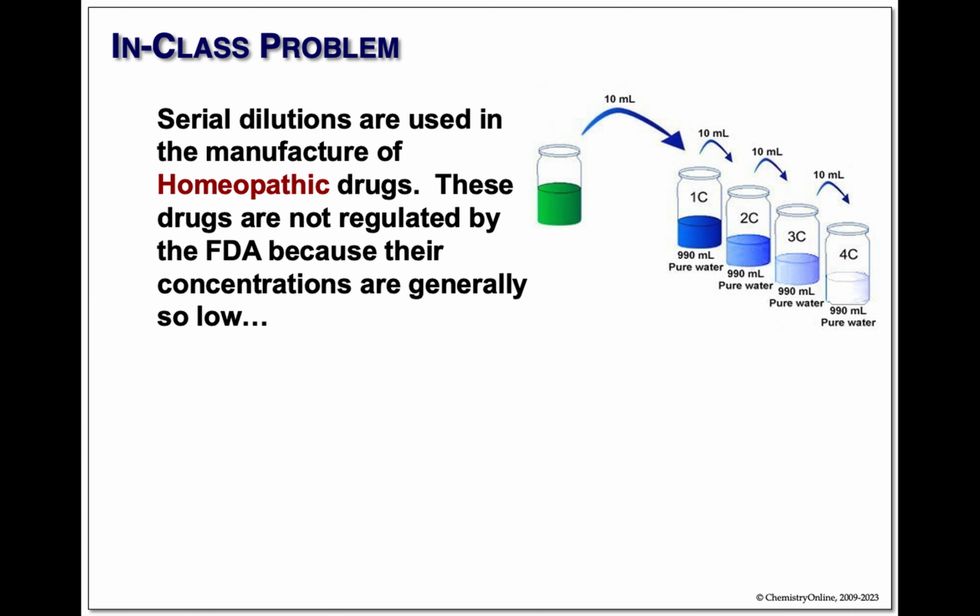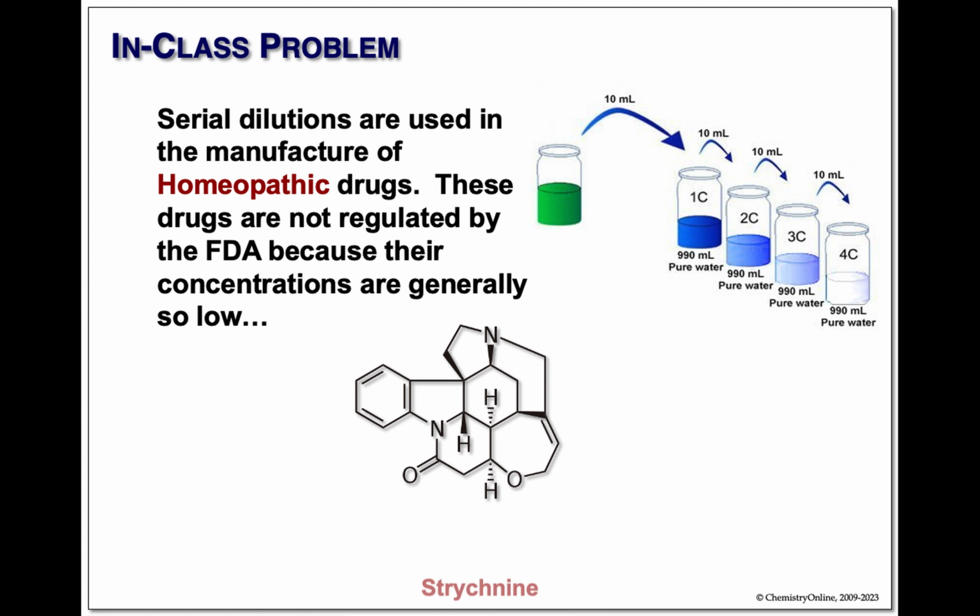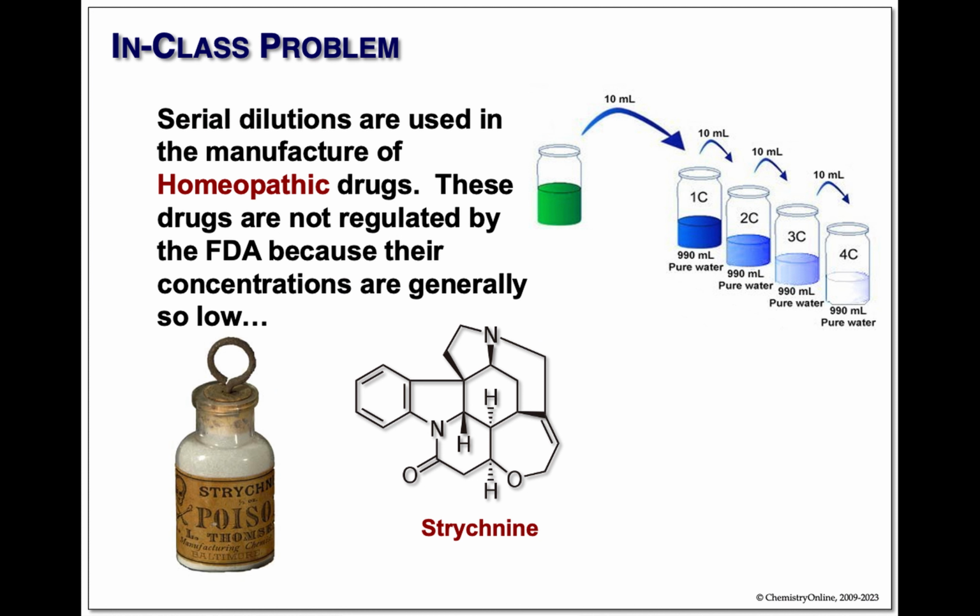Now, when I was a child, ever heard of strychnine? It's an organic compound. It's a poison. It comes from the strychnine tree. You used to be able to go into a drugstore, go into Walgreens, and just buy one of these. It was very useful.